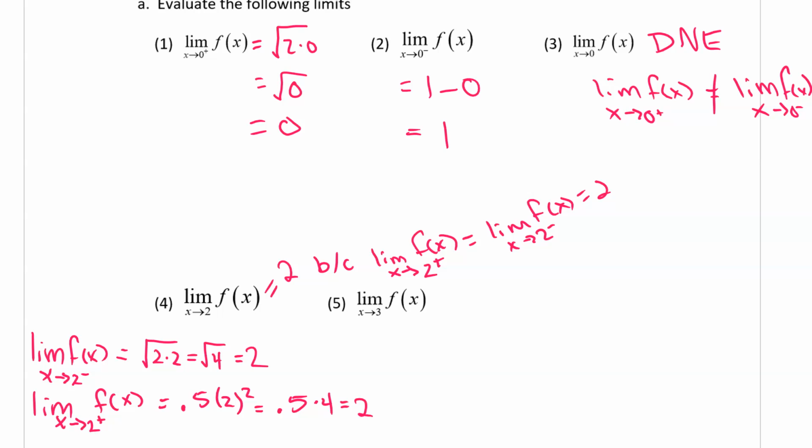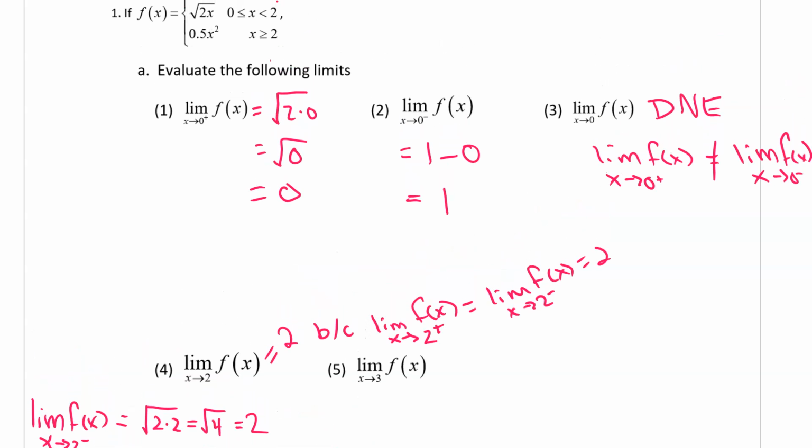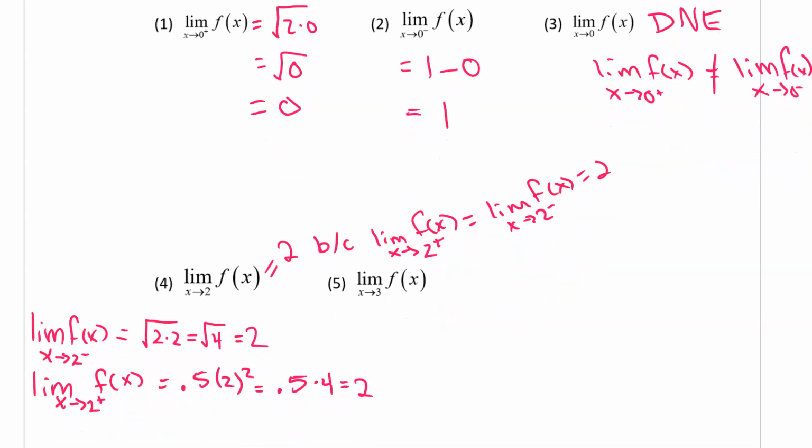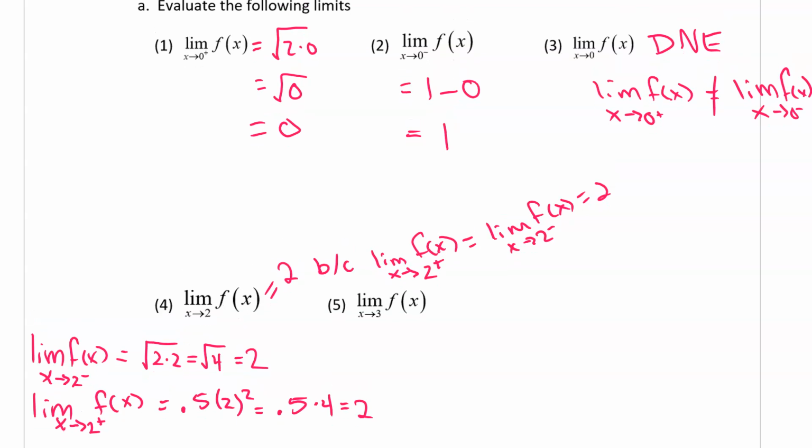All right, and then we're looking at as x approaches 3. 3, you'll notice, is greater than or equal to 2. So we actually are only using this piece of the piecewise function. So since we're only using that piece, the limit is just going to be 9/2.